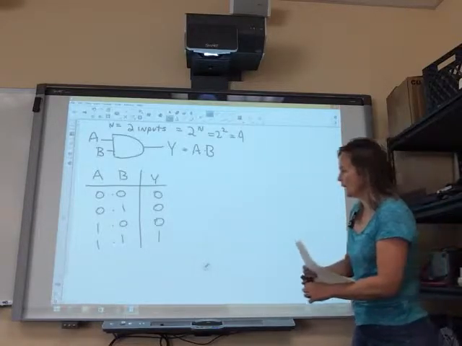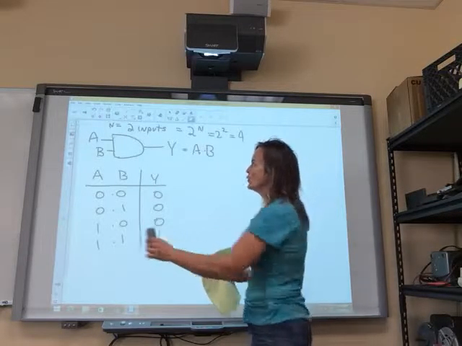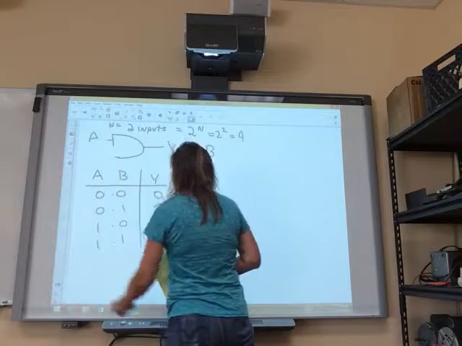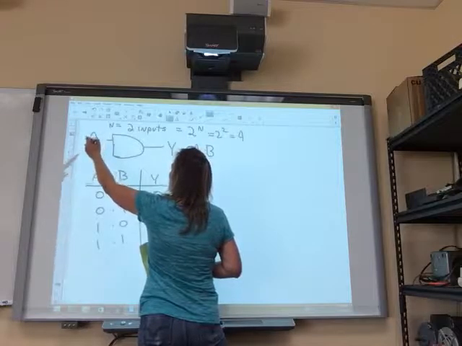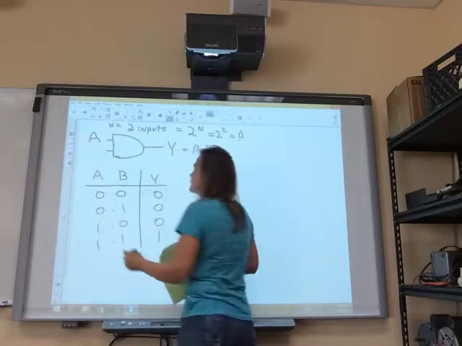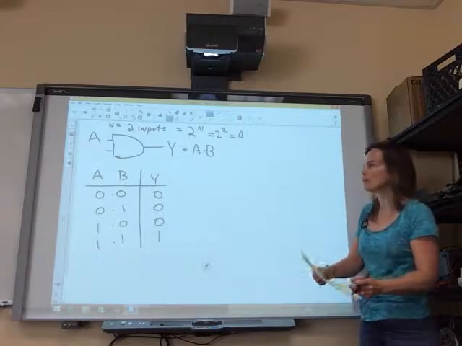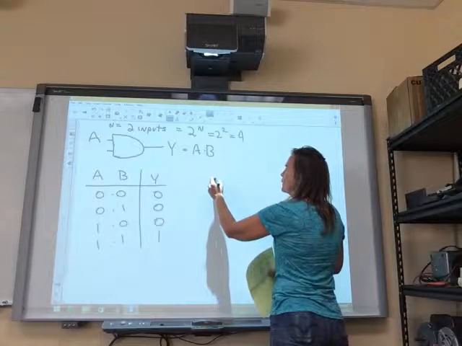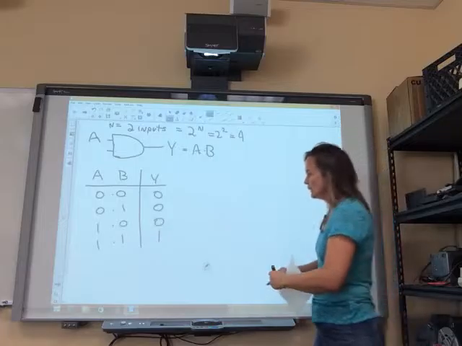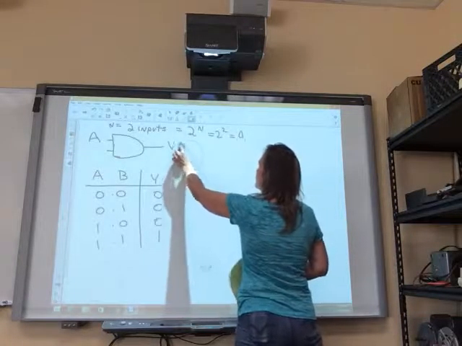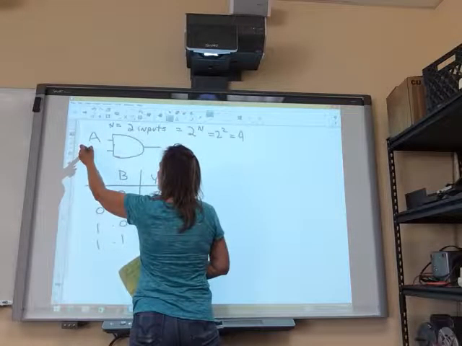Now let's hold this input B at a certain value, and we'll just play with input A. And when we do this, we will start to see what the laws of Boolean are. So if we are able to vary A, but hold B at a certain level, so let's say B is always low.